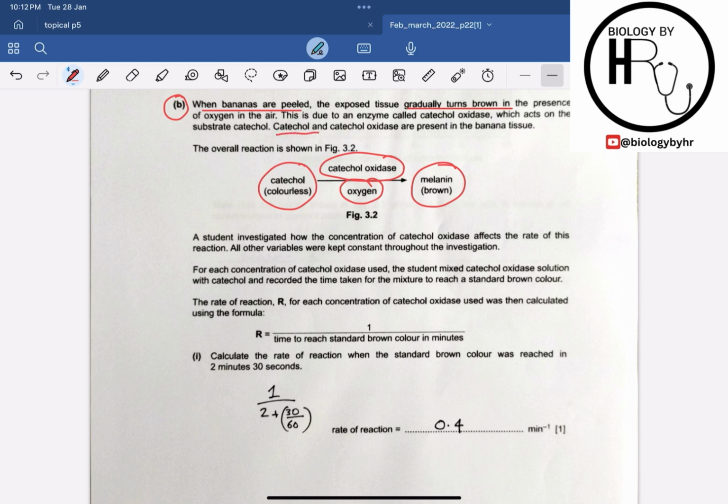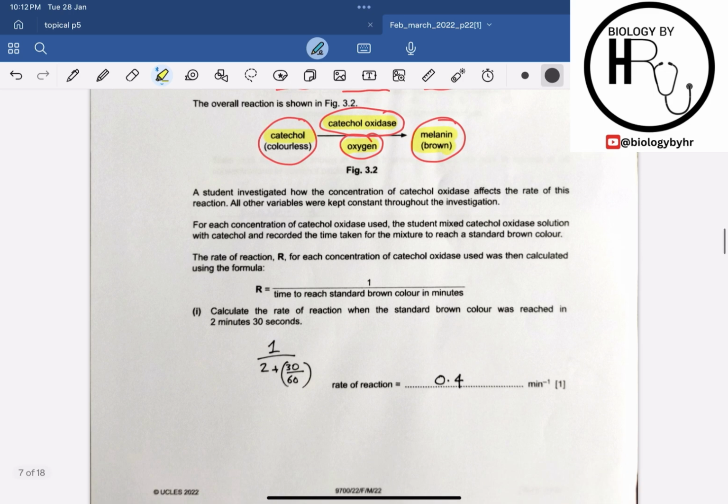So catechol and catechol oxidase are present in the banana tissue, and they react with the oxygen, and the catechol oxidase converts the catechol into melanin, which is a brown color pigment.